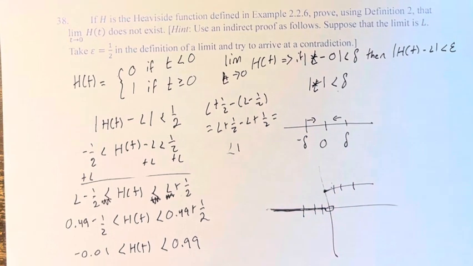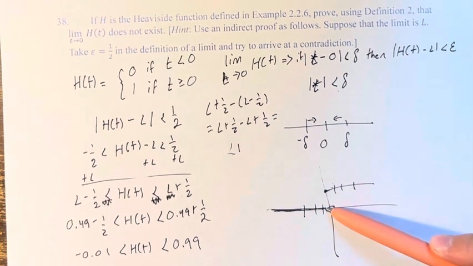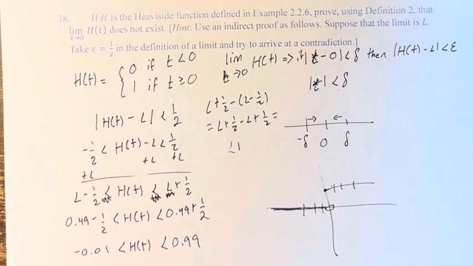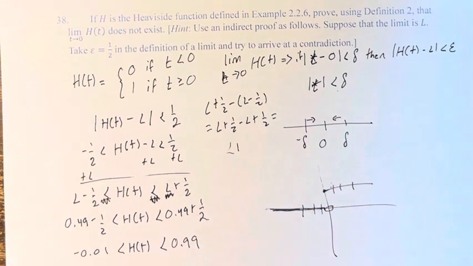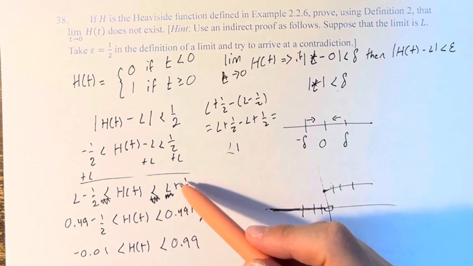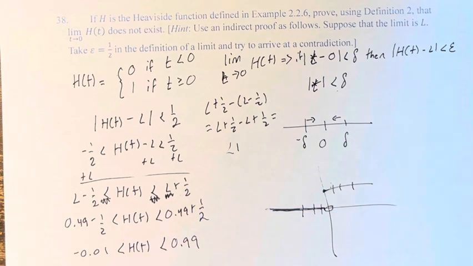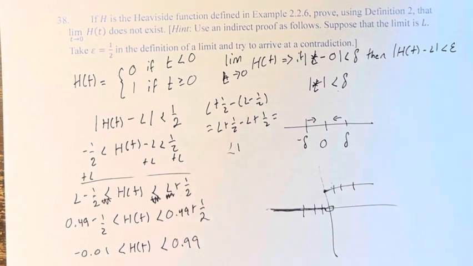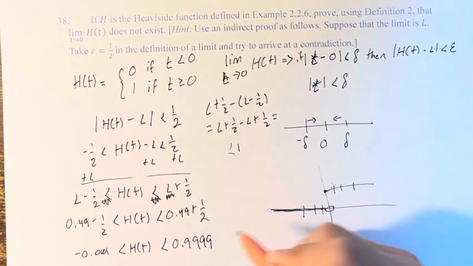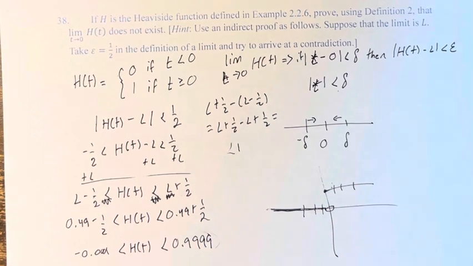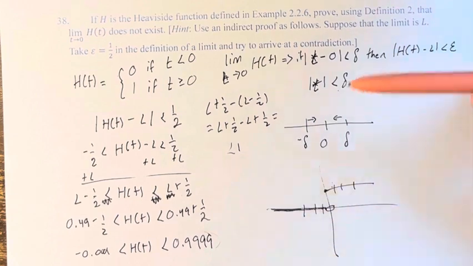Therefore, no matter how close we get, since we're still going to have points that are equal to 0 and 1, we are never going to be able to say that all values of h of t in whatever range we choose are between L minus 1/2 and L plus 1/2, because it's simply too restrictive of a range in terms of the size of the range, regardless of what value we pick for L. If we say, okay, let's allow 0 to be in, 1 is going to be cut out. And you can add as many zeros as you want here, as many 9s as you want here, you're still never going to get to 1. Therefore, this limit does not exist.